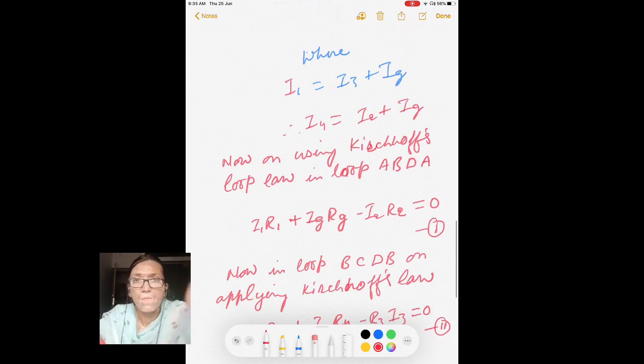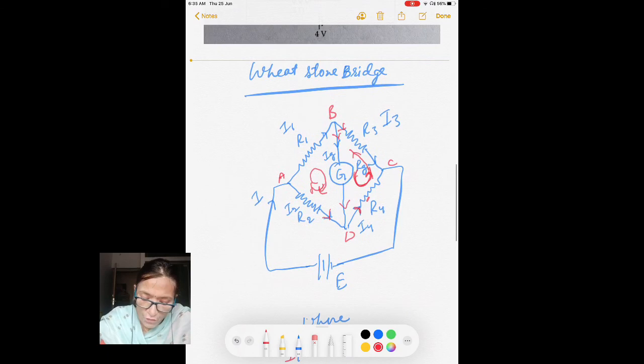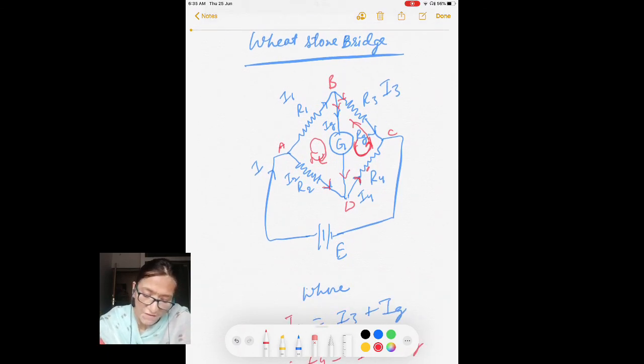Now suppose that the current through this galvanometer is 0.